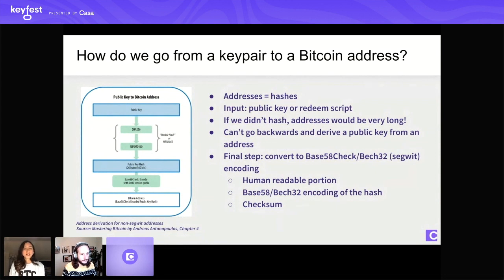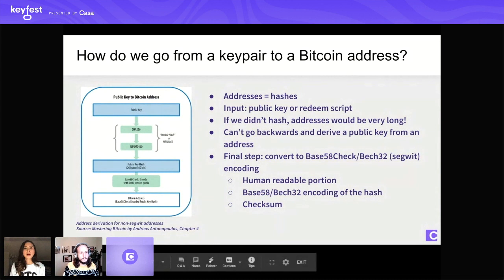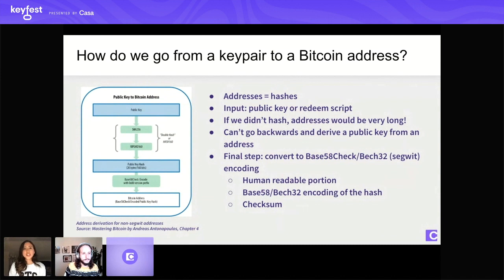So earlier we touched upon hashing, and that was important because addresses are basically hashes. In this example, the input we're going to use is a public key, but for more complex spending conditions such as multisig or something called wrapped SegWit, you're going to be using a script as your input. Now, the reason why we hash is because public keys can be really long.